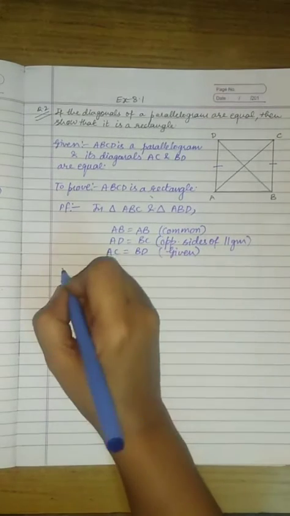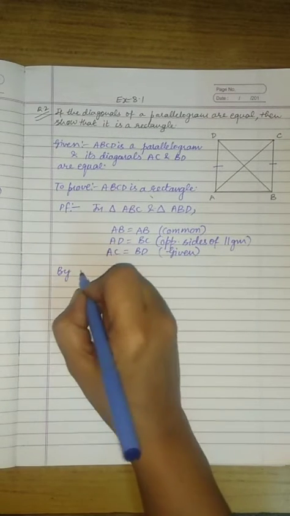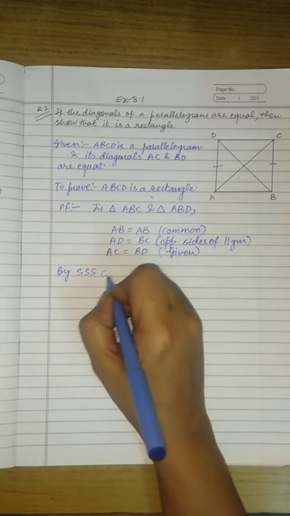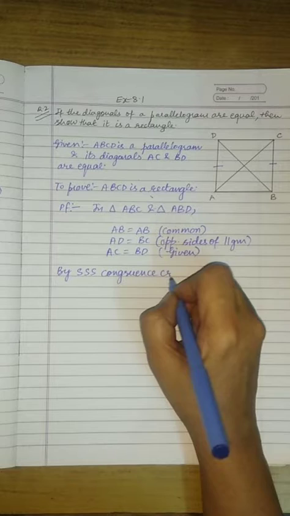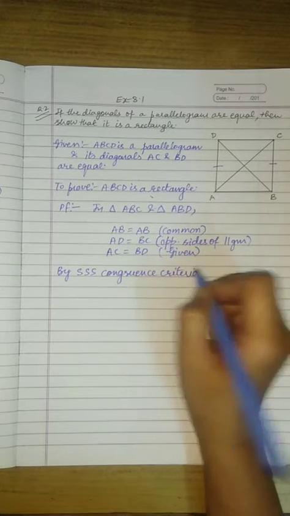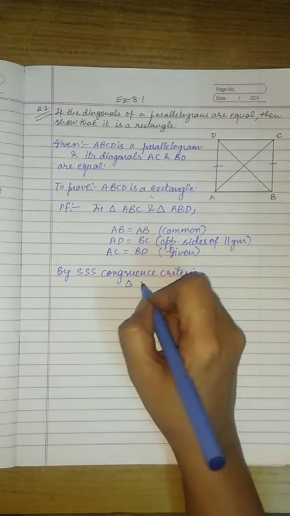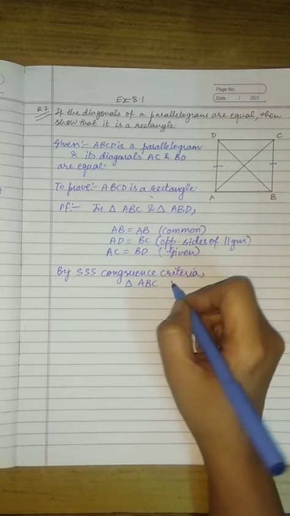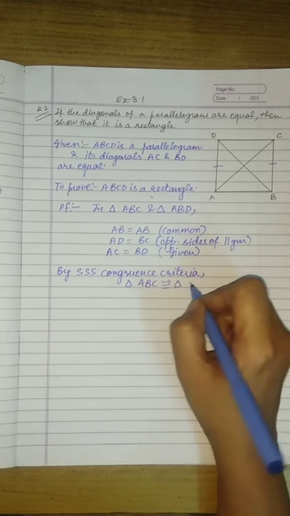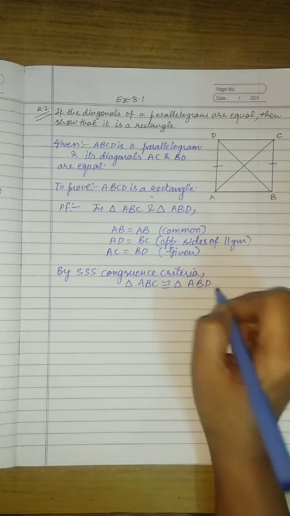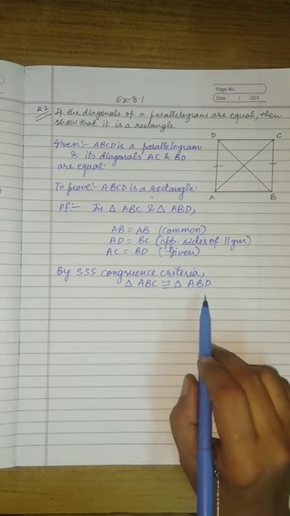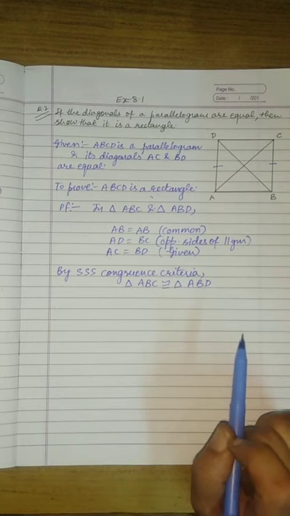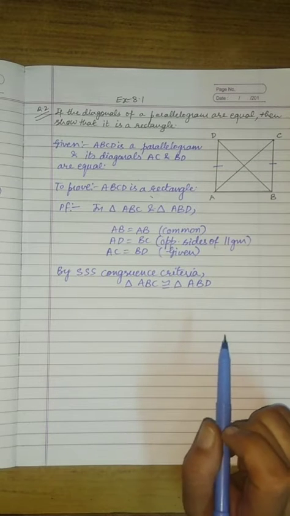So by SSS congruence criteria, triangle ABC is congruent to triangle ABD. If both the triangles are congruent, then their corresponding parts are also equal.